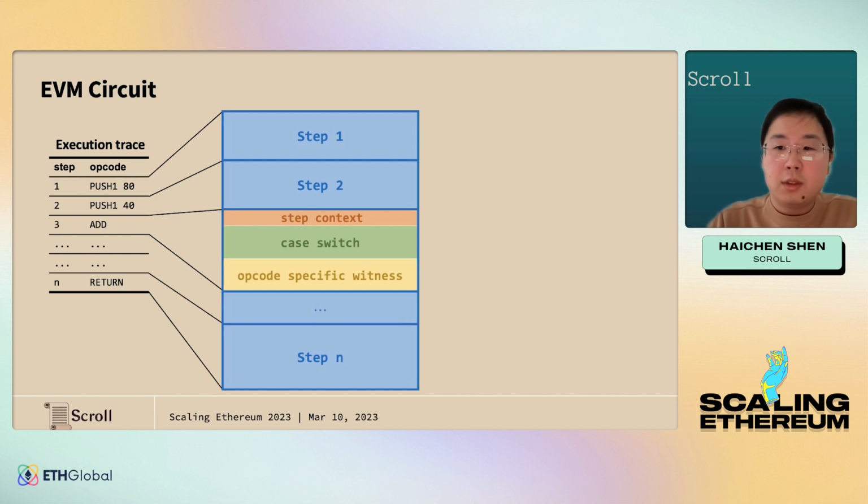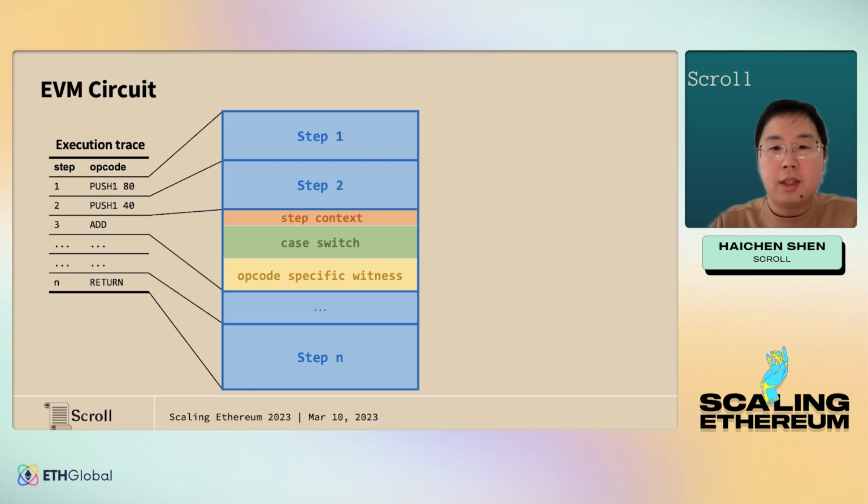And then if you take a closer look at each step slot inside the circuit, it is separated into different sections. You'll have the step context, keeping some context like the stack pointer, the program counter, and so on. The second will be a case switch, which switches on different opcode-specific constraints.